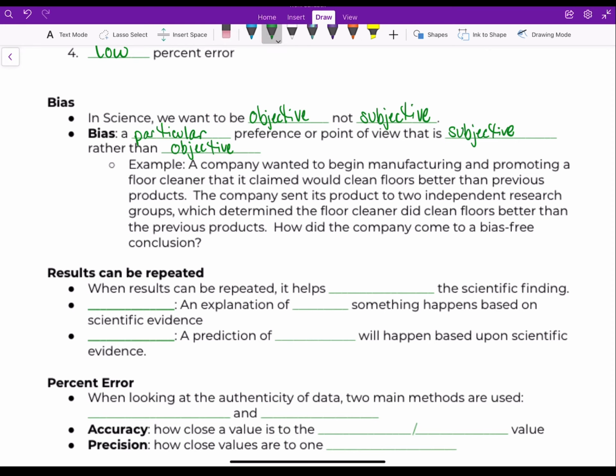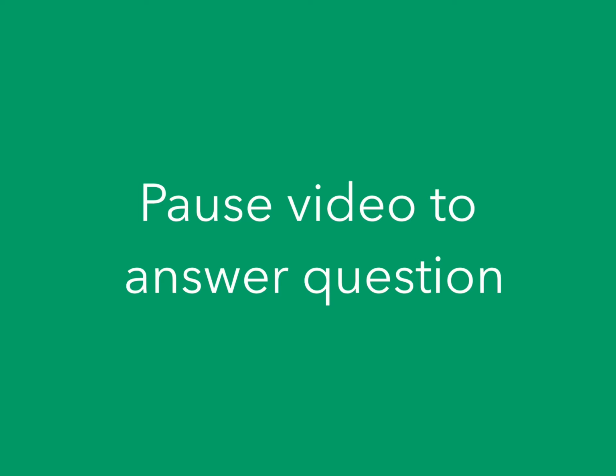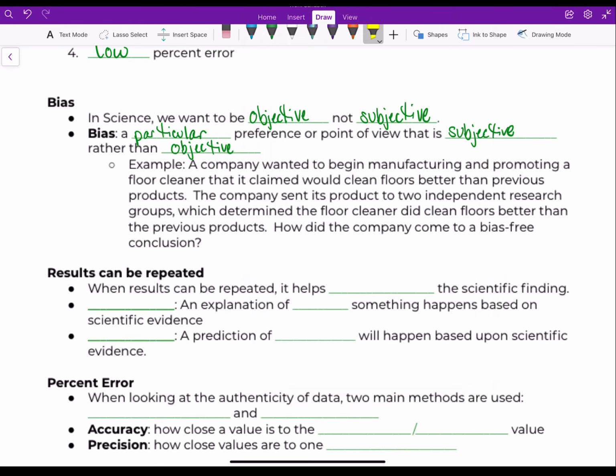So pause the video for a second and think about this, and then we'll go over it. Okay, so the key phrase here is that they sent out their product to two independent research groups. So if they are going to independent research groups, that means they're not doing the research themselves.